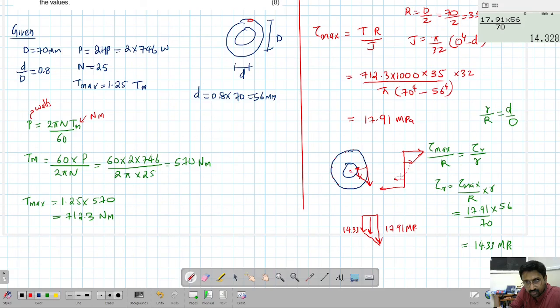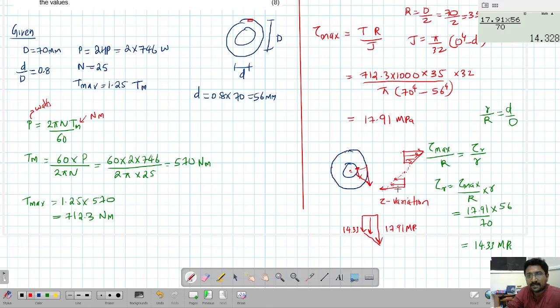So this will be a linear variation. So here there will be shear stress, and in between there will be no shear stress. So this is the shear stress variation.